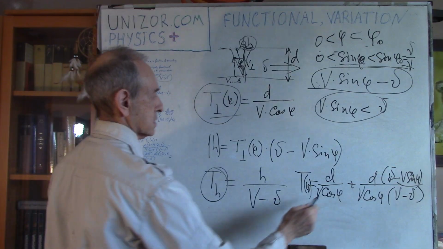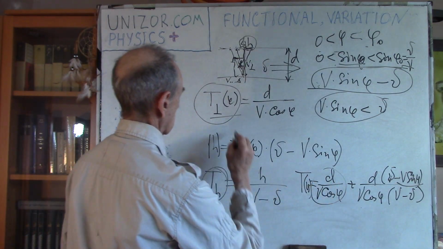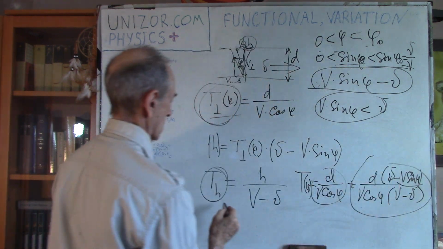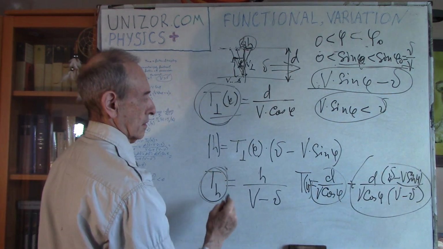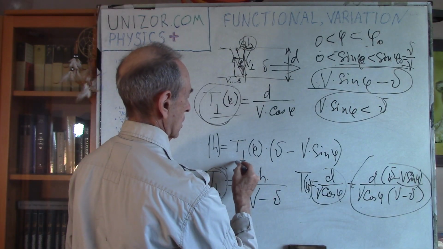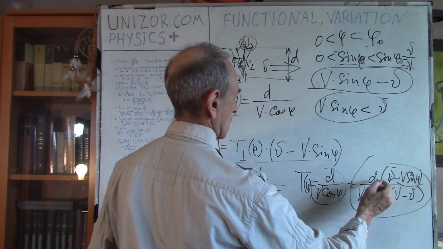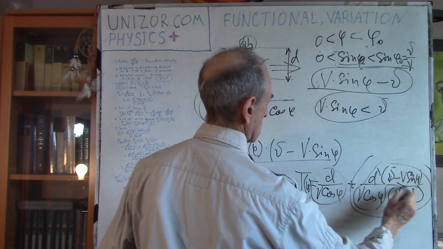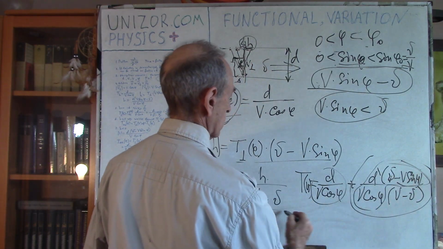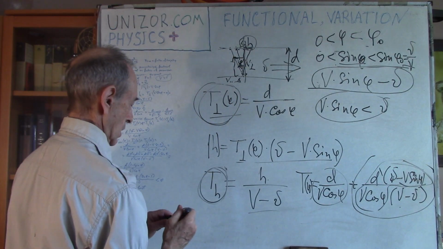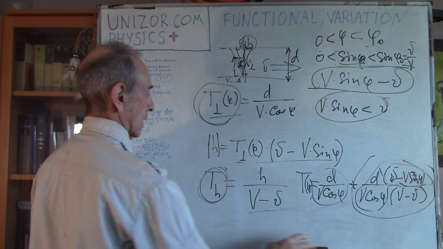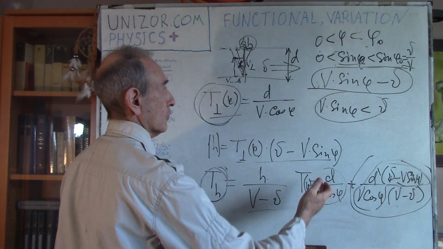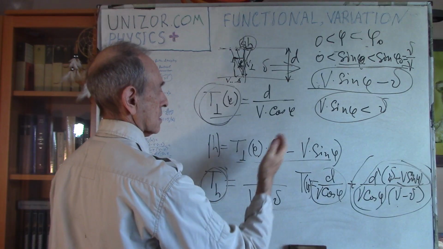So this is this, and this is this. So it's h, which is h divided by V minus v. Okay, so this is my total time. And let's see if there is any angle phi which produces a better result than I already have.